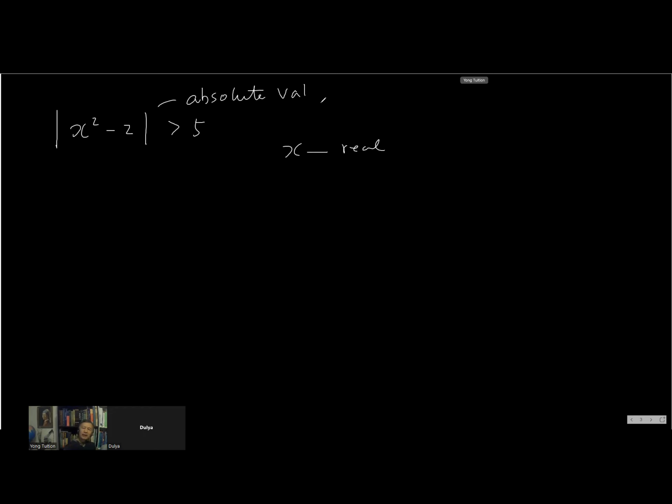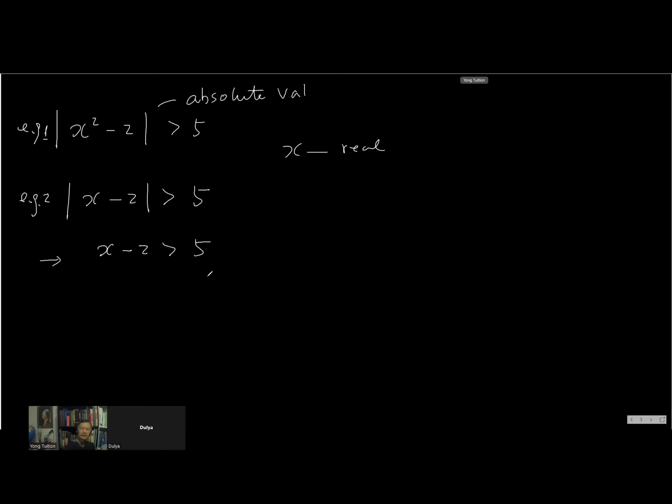Can you see this part? Let's go to the linear part, x minus 2. This is example 1, and this simple one is example 2. You can rewrite this into two inequalities. One is x minus 2 is larger than 5.